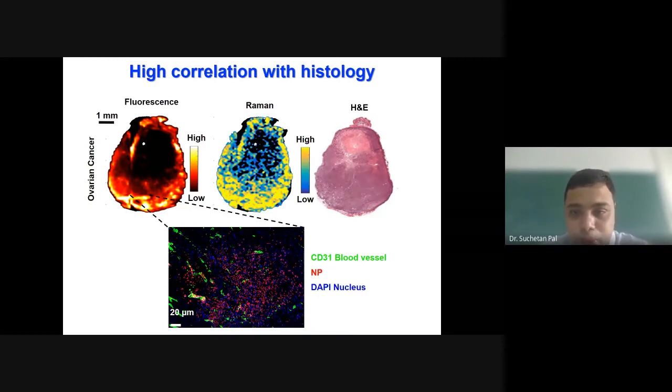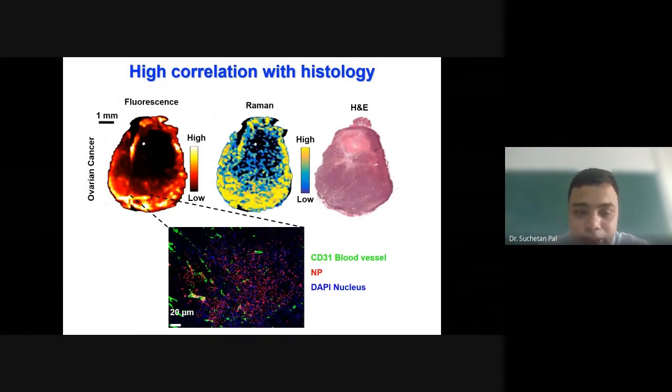That actually corresponds to your H&E staining, which shows you the actual cancer tissue. So you have more blue means it's more cancerous, more pink means it's not cancerous. So it actually corresponds very well with the H&E imaging of this tissue. That means this is actually very nicely correlating with the gold standard, which is H&E.